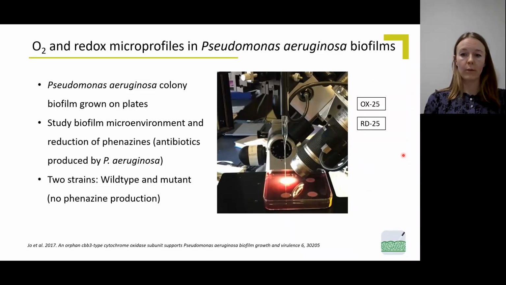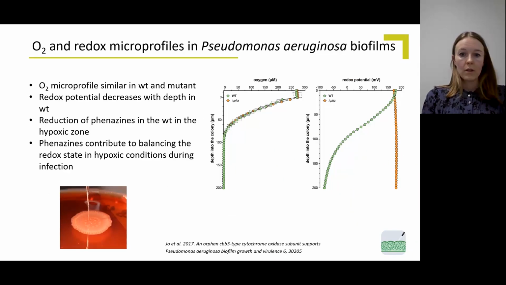And they made a mutant where the phenazine production is depleted, and they compared these 2 strains. So you can see the profiles here. You could then see that for the oxygen profile, it looked the same in the wild type and in the mutant.